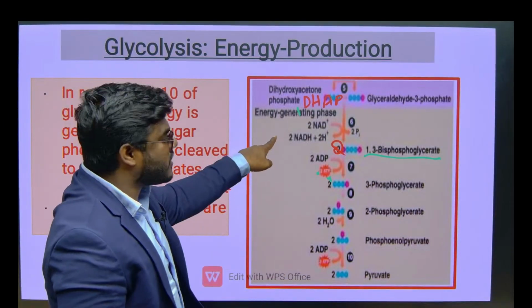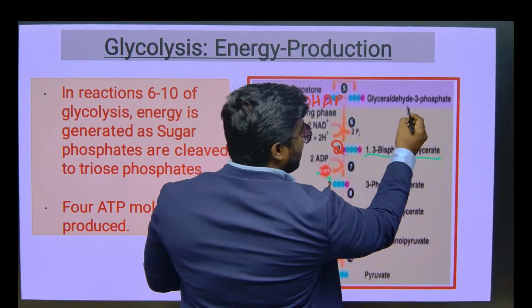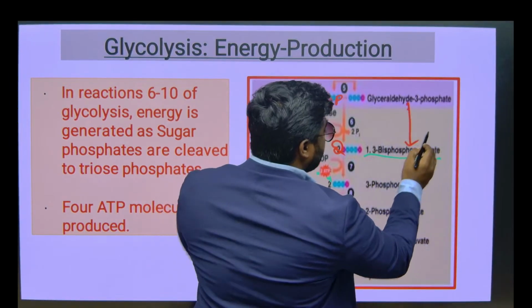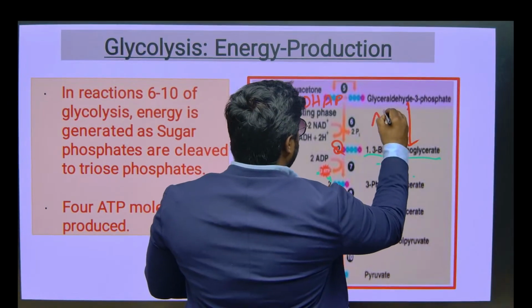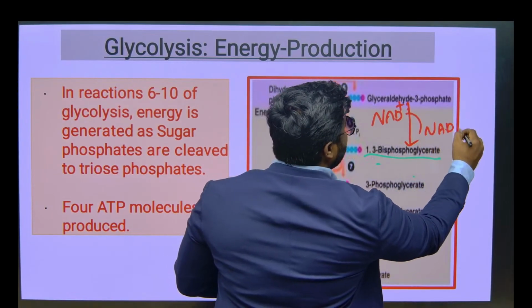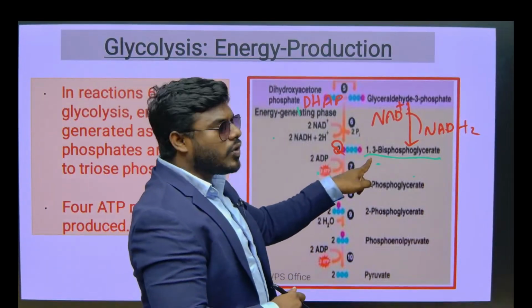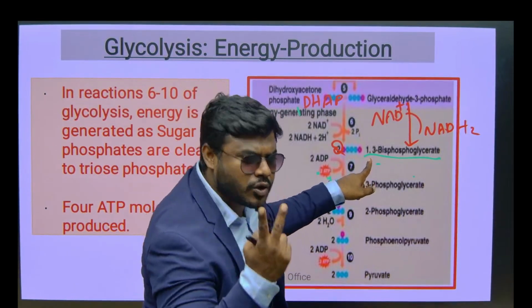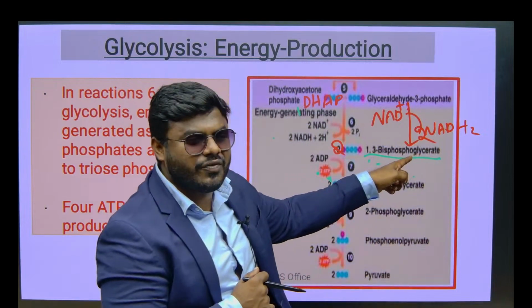It is a reduction, which means when one glyceraldehyde 3-phosphate is reduced to 1,3-bisphosphoglycerate, then 1 NAD plus is reduced to NADH2. Simple. But how many molecules did we produce? Two. Can I say 2 NADH2 are produced in the 6th step of glycolysis?